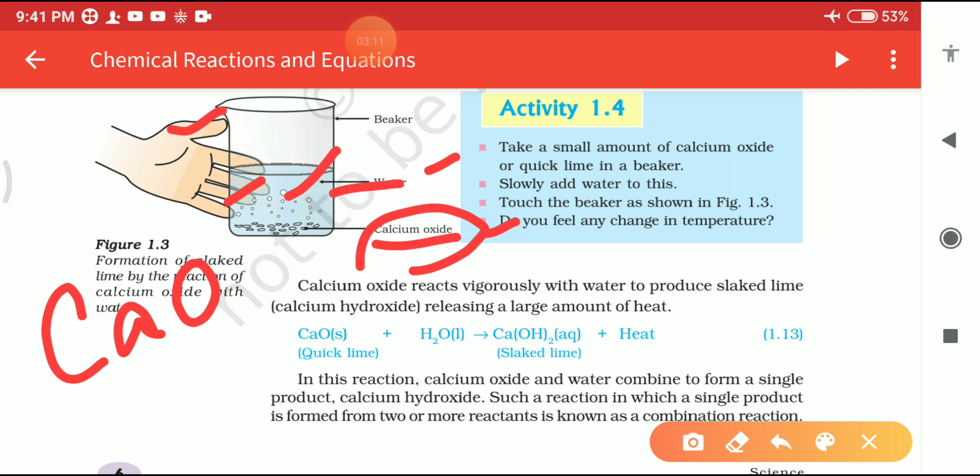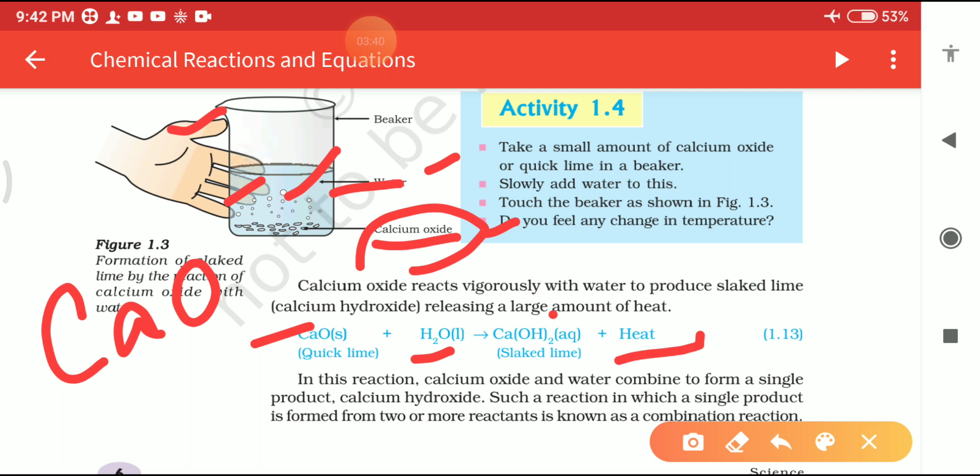Now let's write the chemical equation. Calcium oxide, symbol CaO, is in the solid form. When it is added to water, the physical state of water is liquid. Calcium oxide in solid form gives rise to calcium hydroxide, which is aqueous, and heat is released.